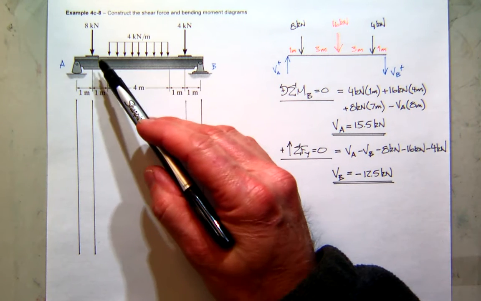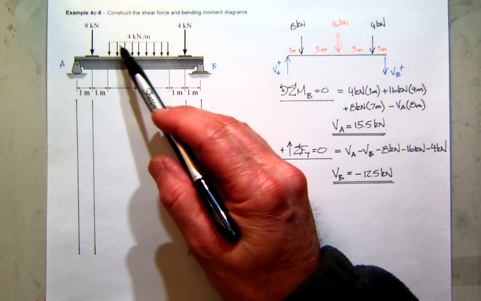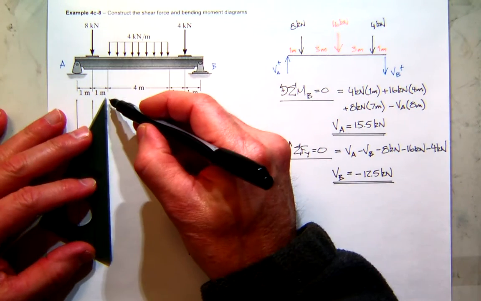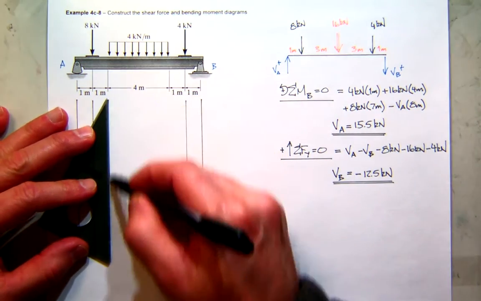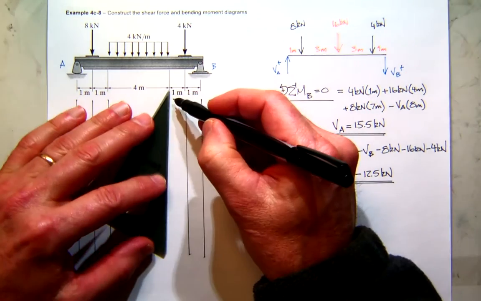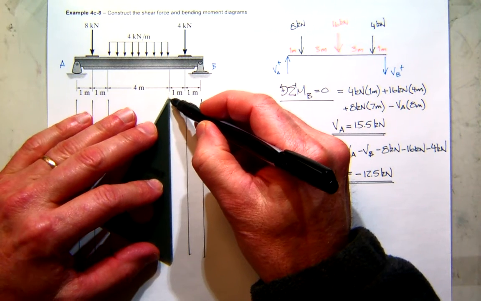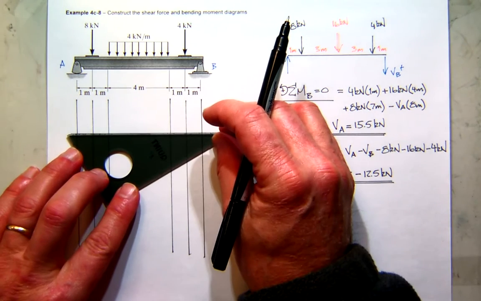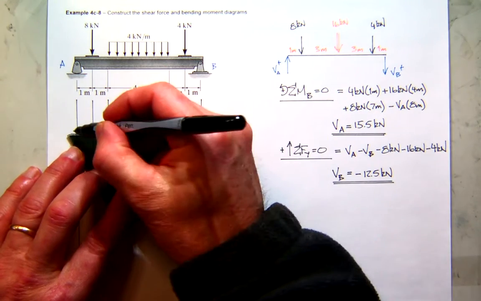And then also we've got nothing going on here, but then we jump up and do have a continuous load and then change. So probably the beginning of that distributed load and the end would be another possible place where we might want to look at things. So let's start with that. We might modify that some later.